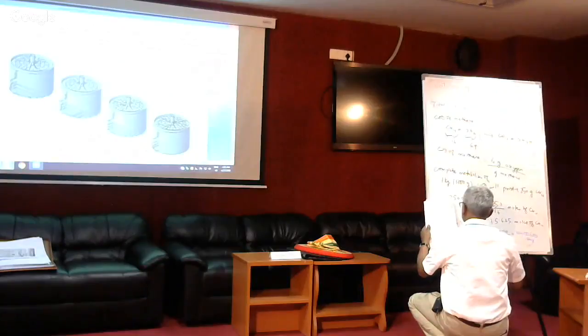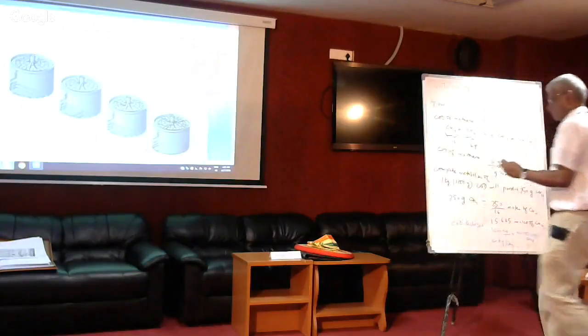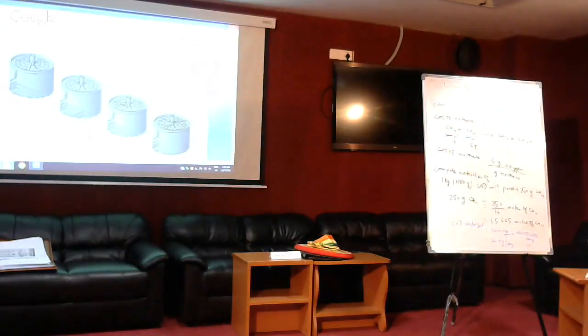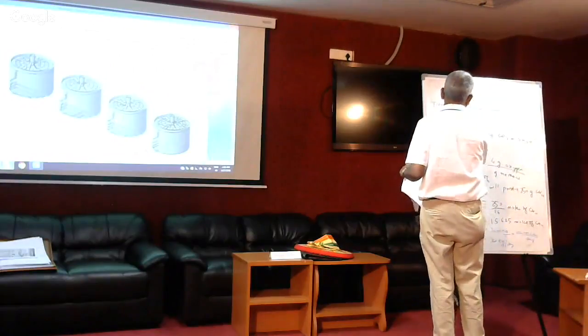That comes to 360 kilograms, because we have 10 to the power of 9, and we know 10 to the power of 6 milligrams is 1 kilogram. So 360 kilograms per day. Right? Agreed? We are destroying 360 kilograms of COD per day by converting it into methane. And we know that 1 kilogram gives us 0.35 meter cube. So we can very easily calculate how much methane volume we are producing.